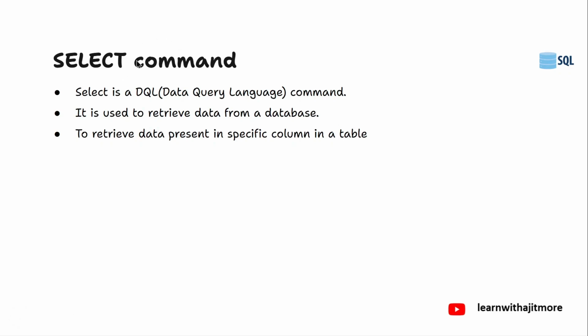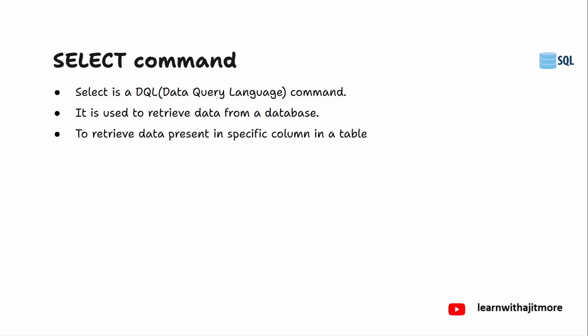Then there is a provision of printing only the selected columns, all rows; selected columns, selected rows; all rows, selected columns; all rows, all columns. It's your choice what combination. But it is always recommended to mention the column names and print only those columns which are desired, to make the query optimized.